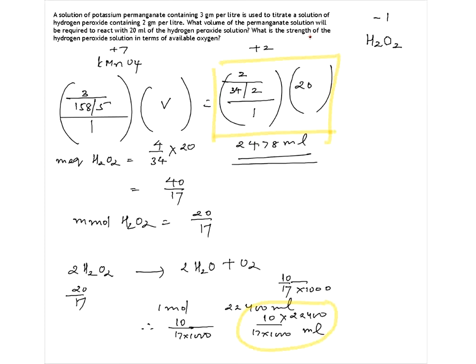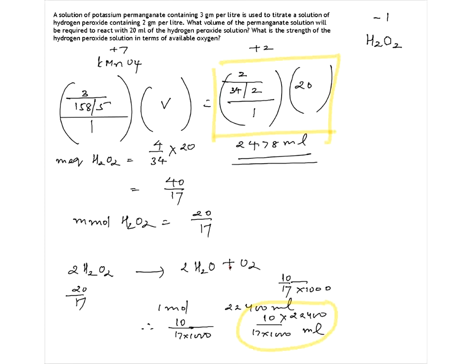20 volume means 1 ml hydrogen peroxide will give 20 ml oxygen by this reaction, at normal temperature and pressure. That should not be difficult for us to find out, how much oxygen will be liberated.